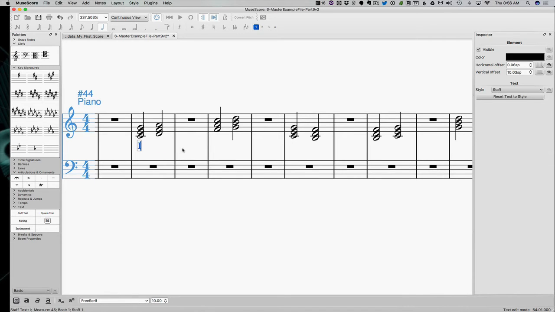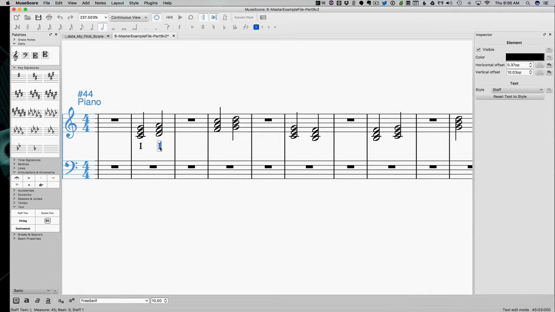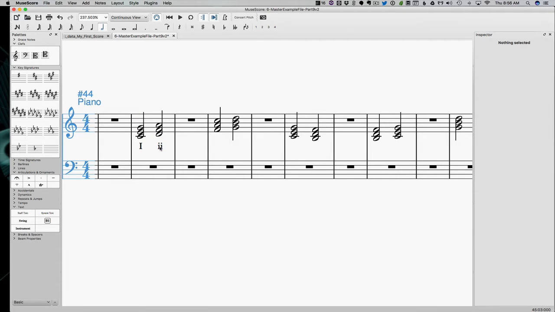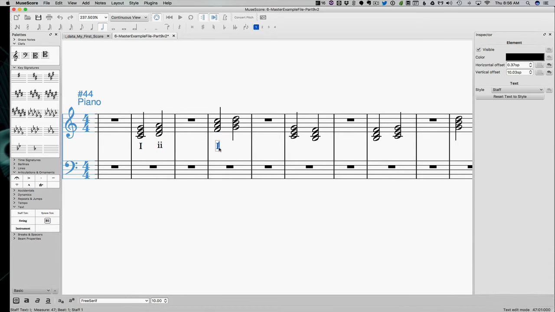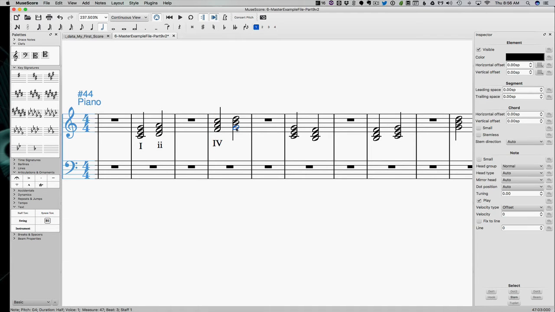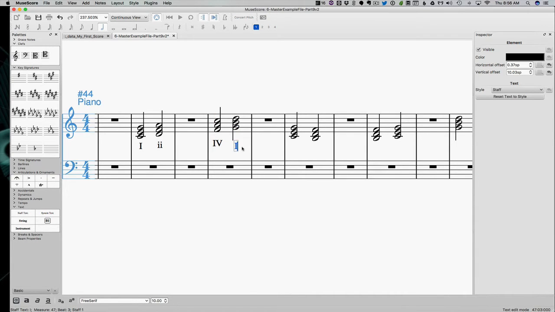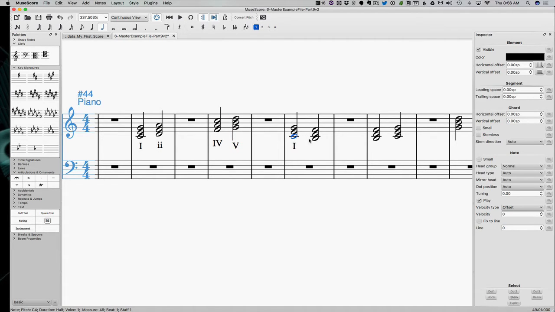So here we're going to call this 1. And this would be 2. This would be 4. And this would be 5. This is just plain diatonic chord progression stuff. Nothing too weird here. This is going to be 1.